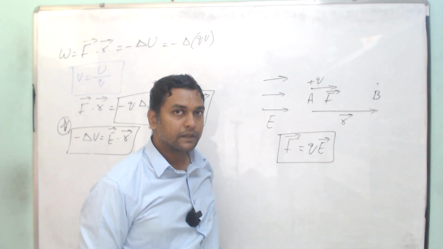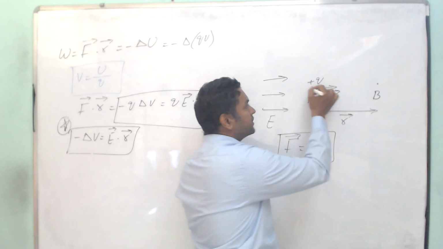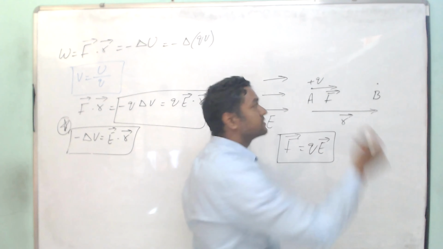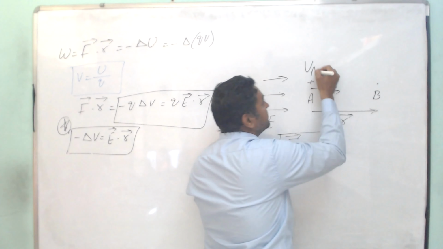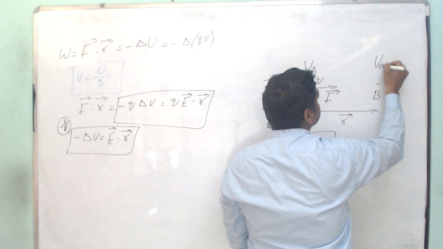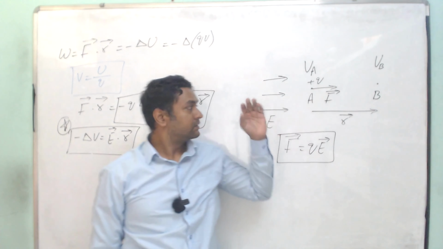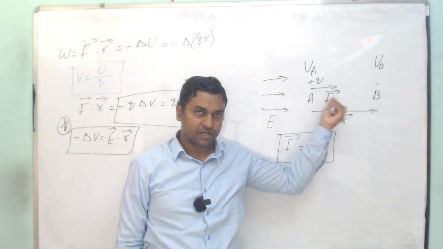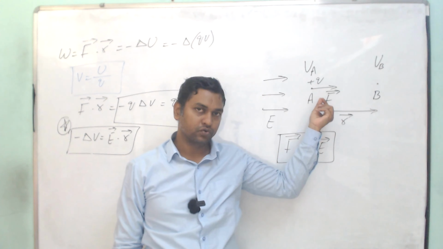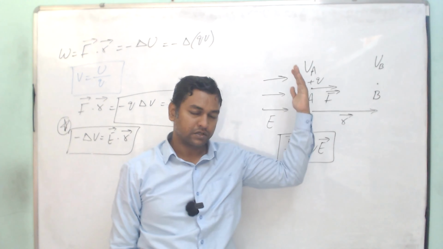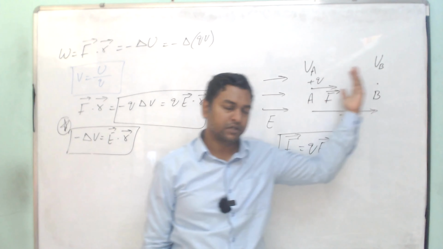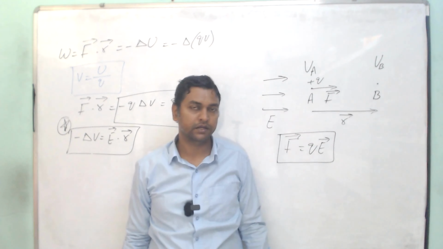There are 2 points A and B. Obviously, there are 2 potentials, VA and VB. The system, which is the point charge plus Q, is automatically going from A to B, correct?